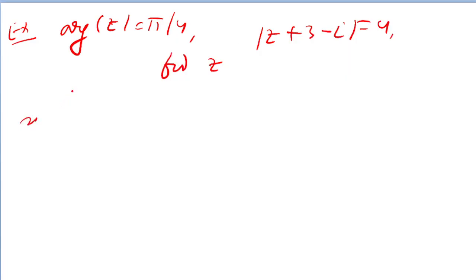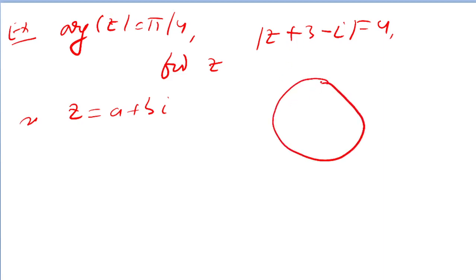We don't know z, some kind of complex number, so I can assume that z is a plus bi. Since the argument of z is pi by 4 and z is lying on a circle, what does z look like? What does this represent? This represents a circle.